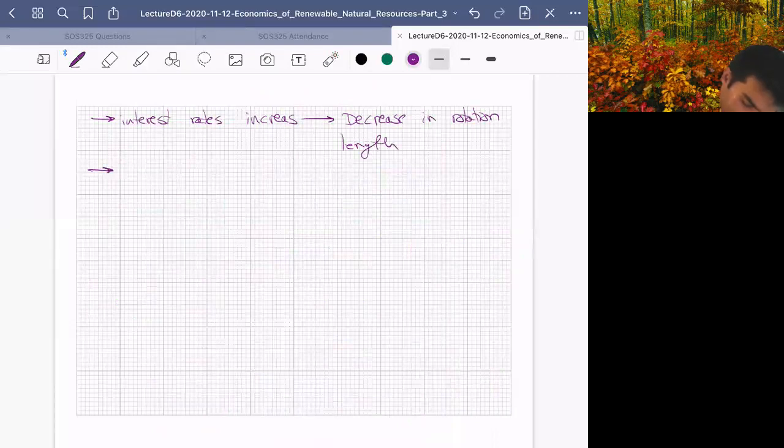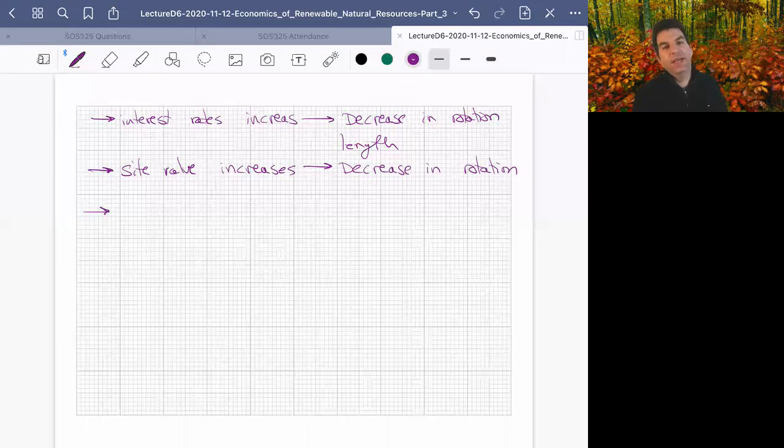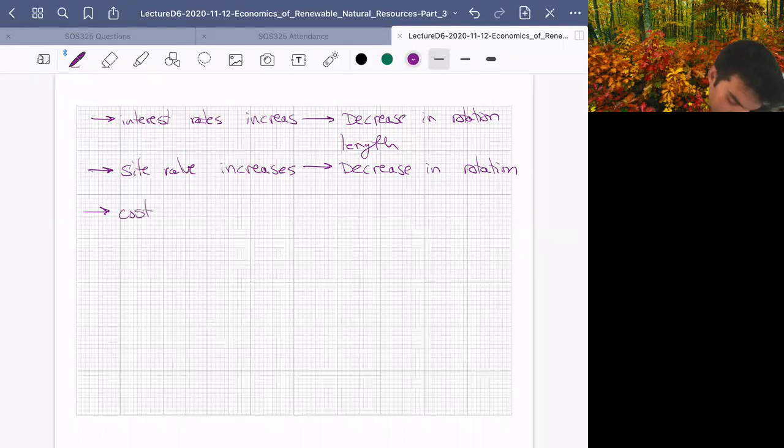If the site value increases, we also get a decrease in rotation. Other things, if the cost to replant increases, then you get an increase in rotation length.